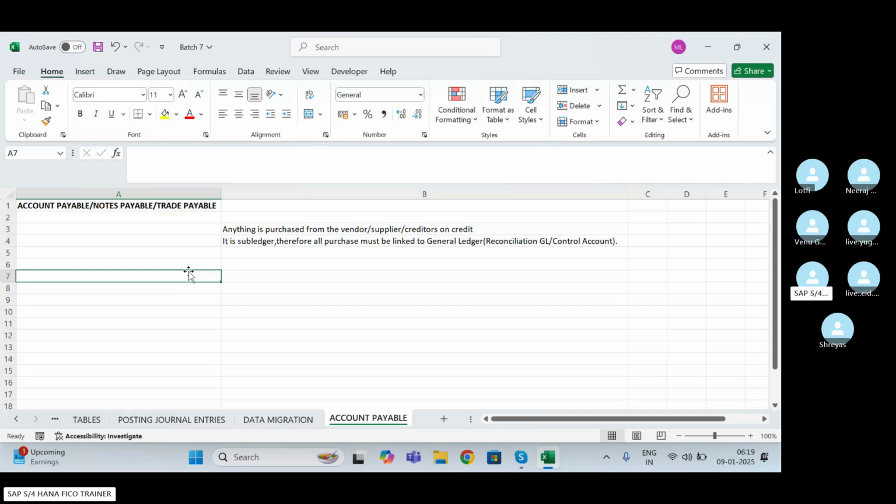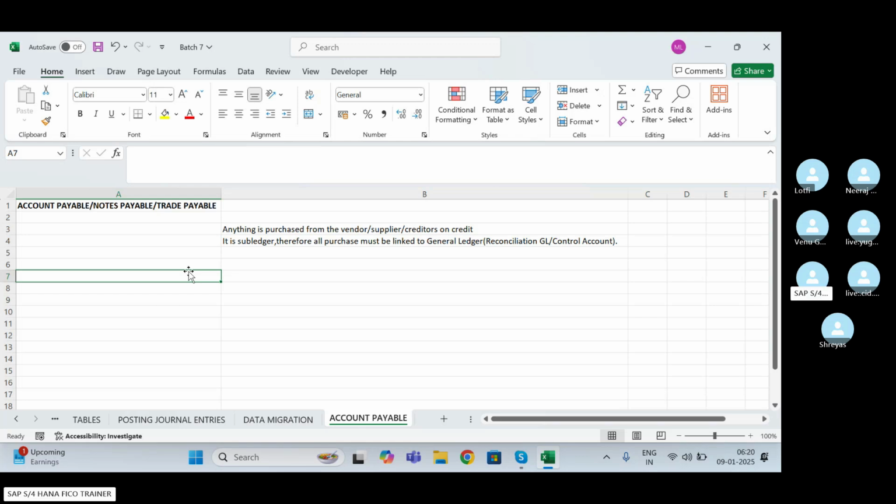Now this ABC vendor is known as a subledger, but you are not going to show this ABC vendor in the balance sheet. ABC vendor will be linked to one of the GL accounts, and that GL is known as a reconciliation GL. So the moment you post anything in ABC vendor, it will also hit the reconciliation GL, and the reconciliation GL is going to be shown in the financial statement or in the balance sheet.